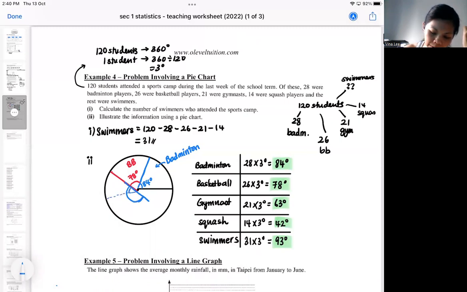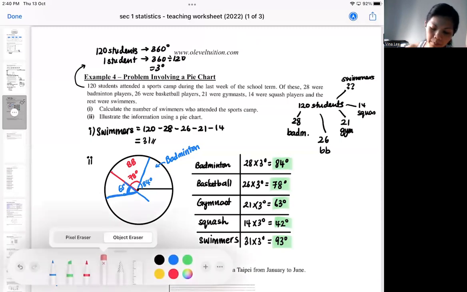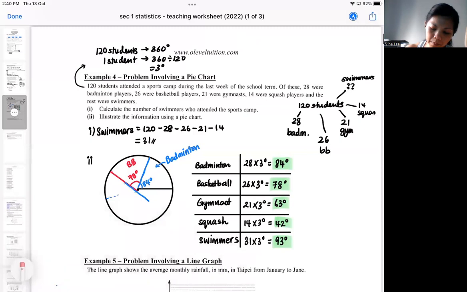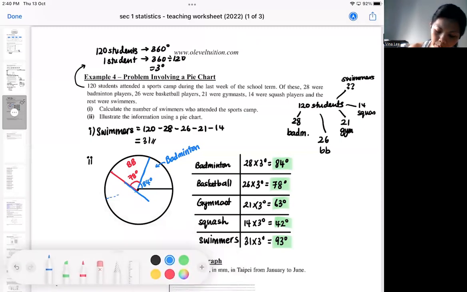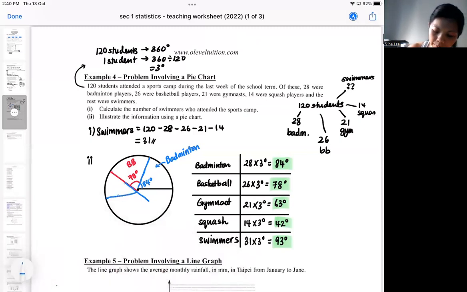So this part is a 63 degree. Locate a 63 degree with your protractor. That will be the gymnast.